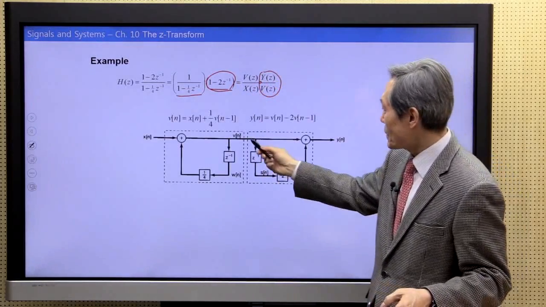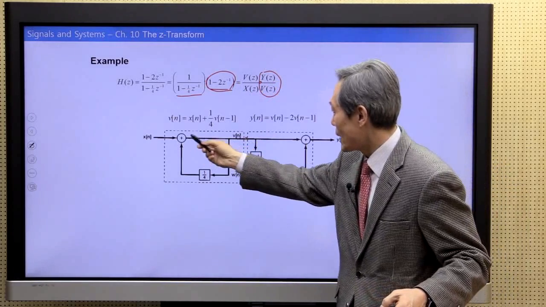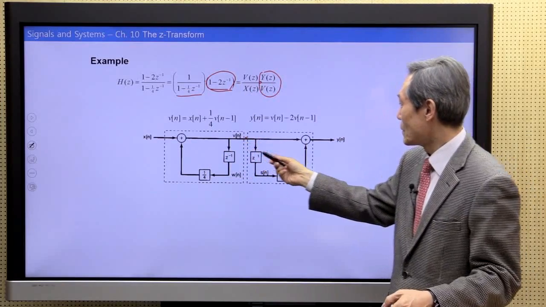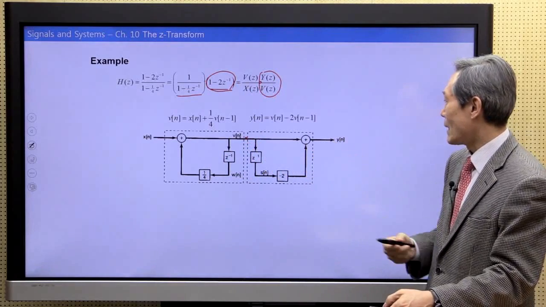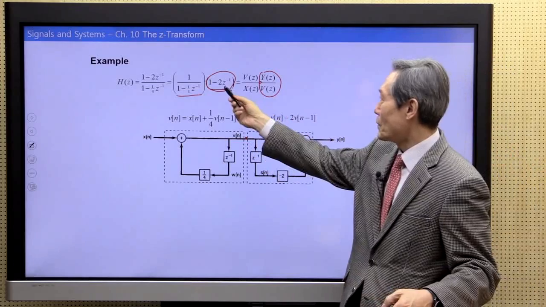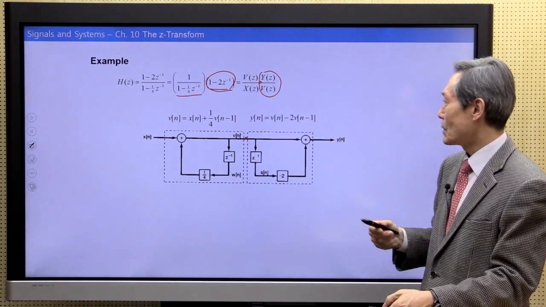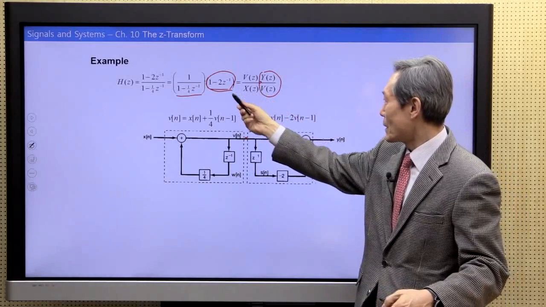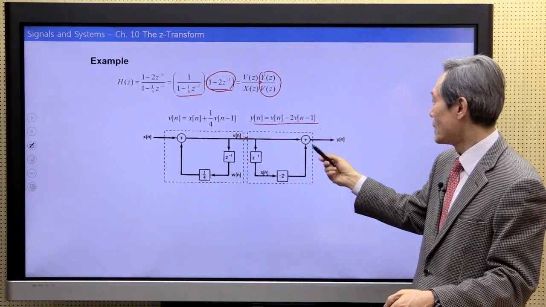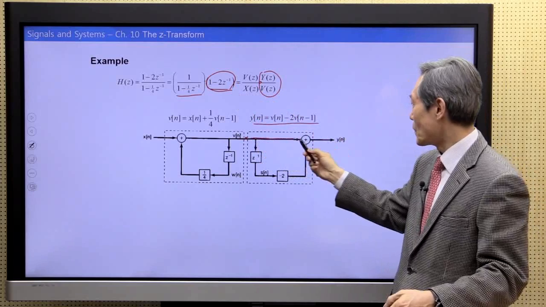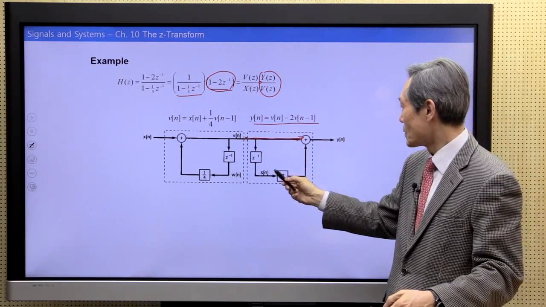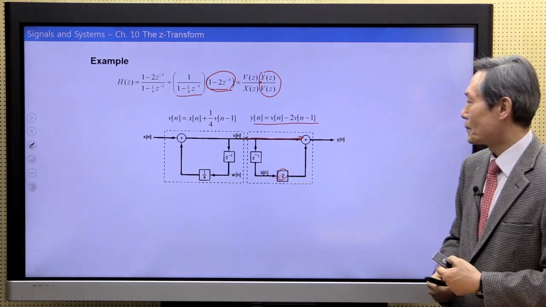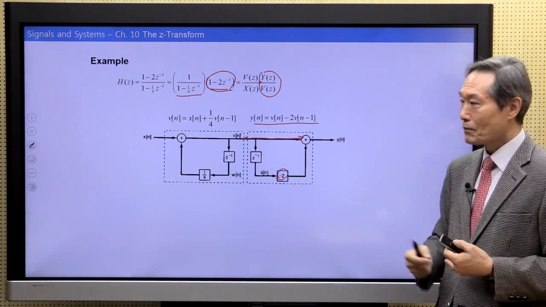We know that the first part makes that kind of feedback structure, and with this input and that output, we have that relation, which is very simple. This one is, if we put it down in time domain, this is this one minus 2 times its delayed value. So we have that.